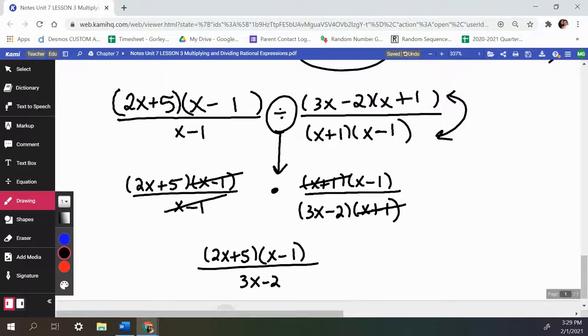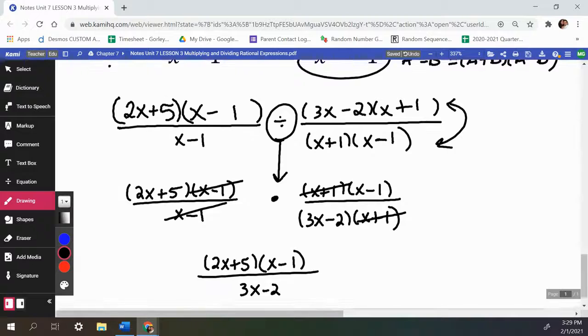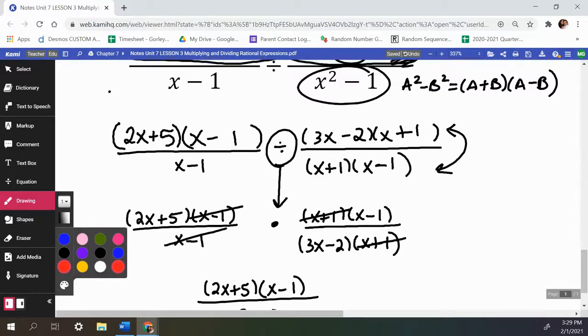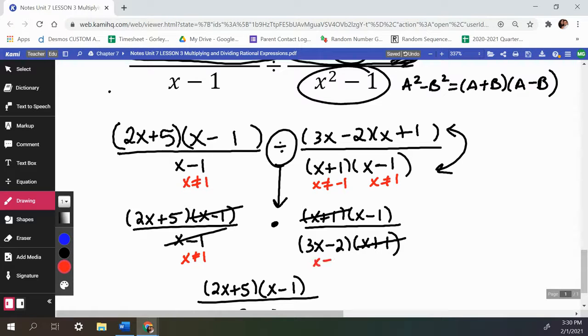Okay, we're almost done. We got to look at the domain, see if it's the same as the beginning. In the beginning, before we did the copy, change, flip, x cannot be 1, x cannot be -1, x cannot be 1. After the flip, x cannot be 1, x cannot be 2/3, and x cannot be -1.